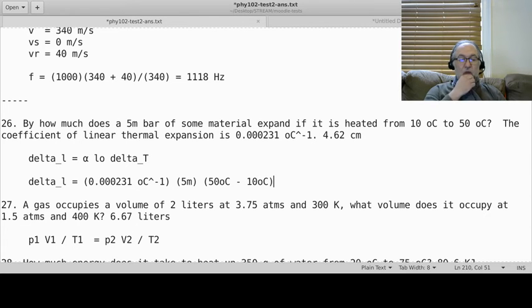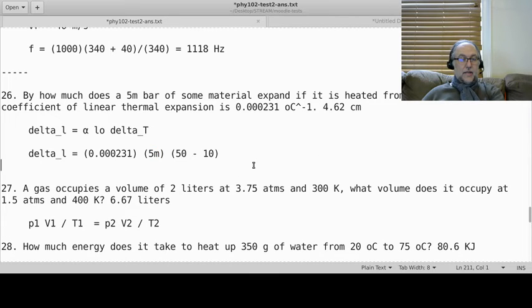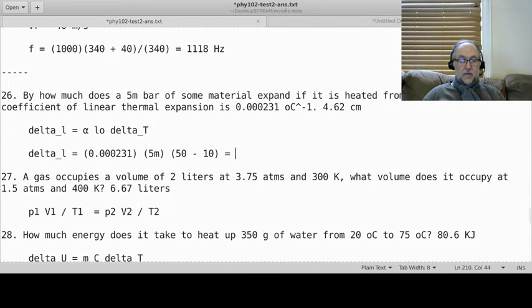You'll notice that this per degree Celsius is going to cancel these degrees Celsius, and the only thing you're left with are meters, which is what you expect. The answer that you get is 0.0462 meters. To get it right, you have to convert it to match the answers I had, 4.62 centimeters.